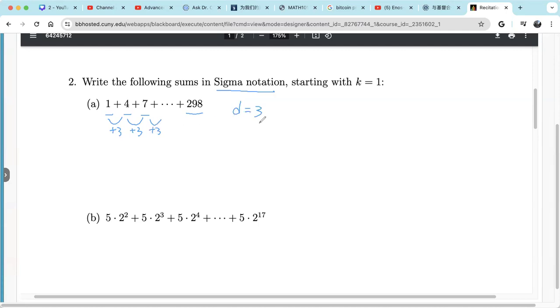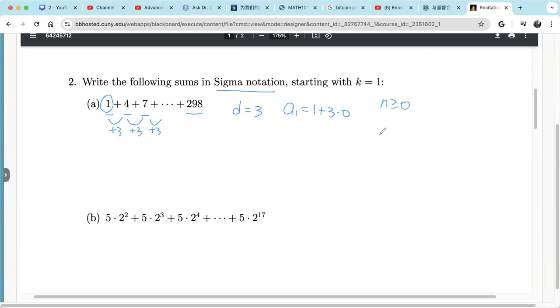If we treat 1 as A1, the first term, then A1 equals 1 plus the common difference 3 times 0. So when we write the sigma notation, maybe we want to start n with 0.